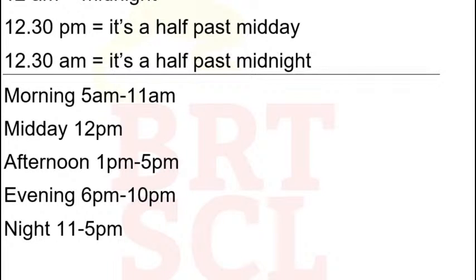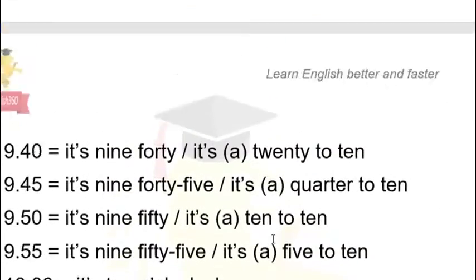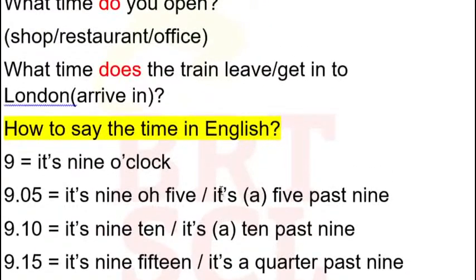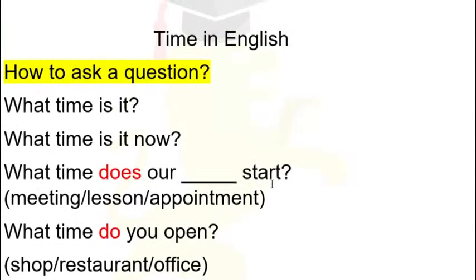And for example, if you are saying something like, remember the question, vi ricordate le domande, what time does the train leave, etc., what time is it? The answer would be, for example, it's 5, or it's 10 past 5, for example.